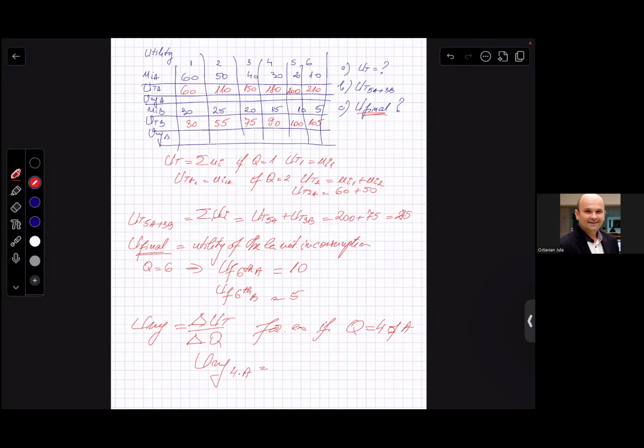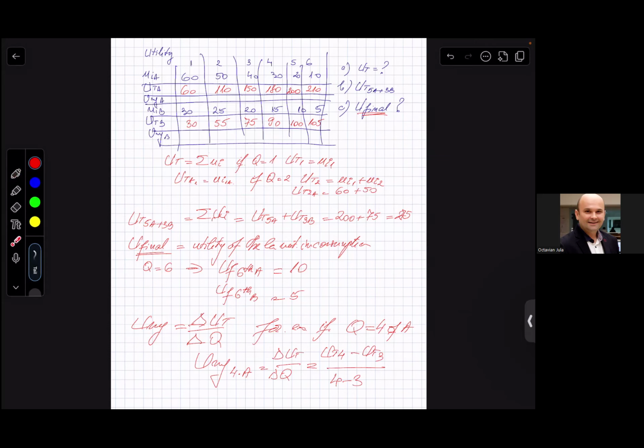I'm going to have the change in total utility divided by the change in quantity, which means total utility of 4 units minus total utility of 3 units divided by the change in quantity, 4 minus 3.